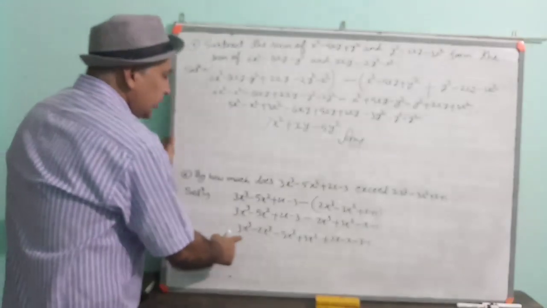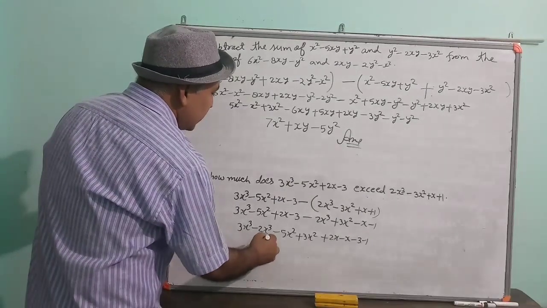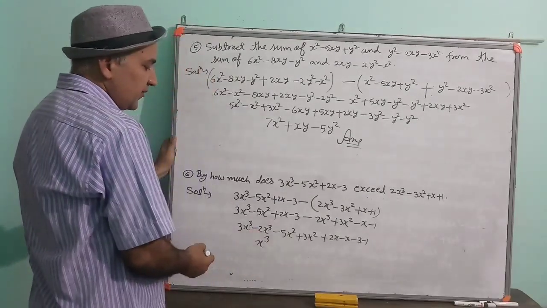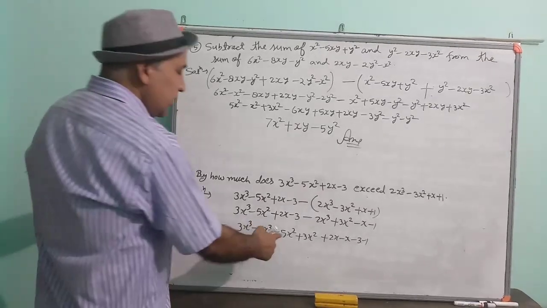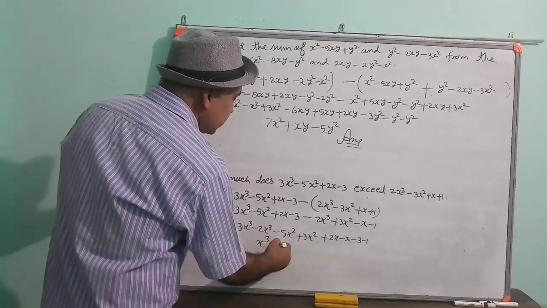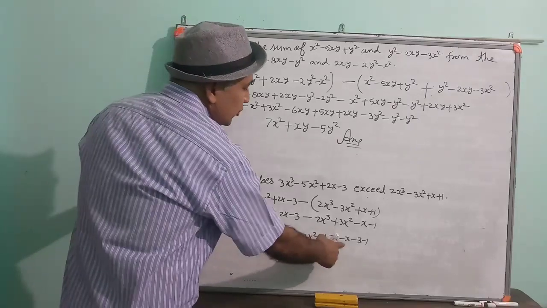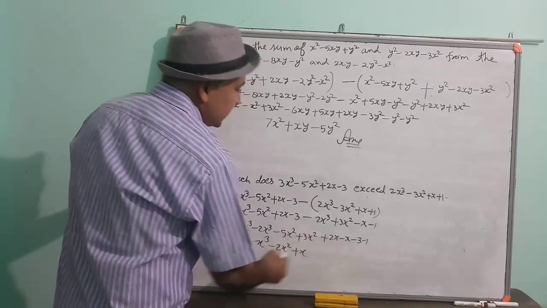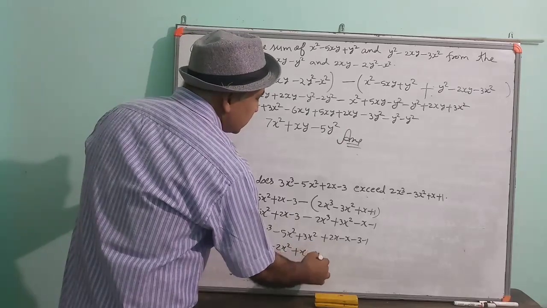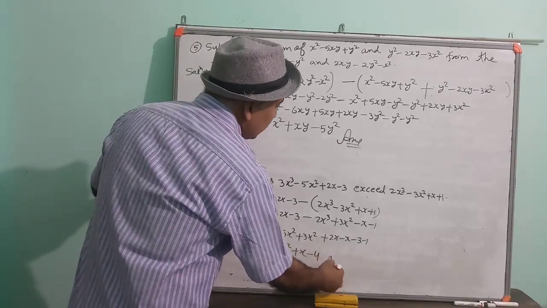Okay. Now 3x cube minus 2x cube is 1x cube, that will be written only x cube. Minus 5 plus 3 is minus 2, so minus 2x square, plus 2x minus x is plus x, minus 3 and minus 1 is minus 4.